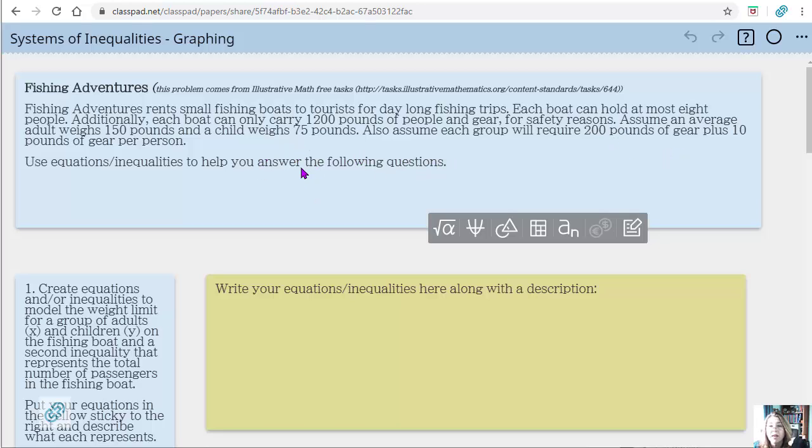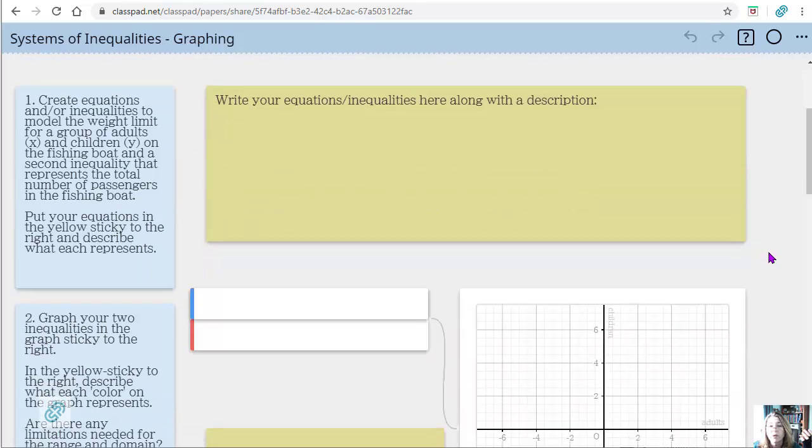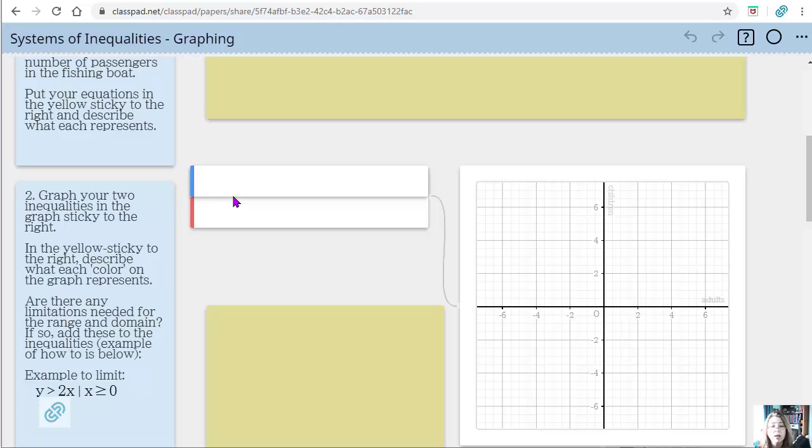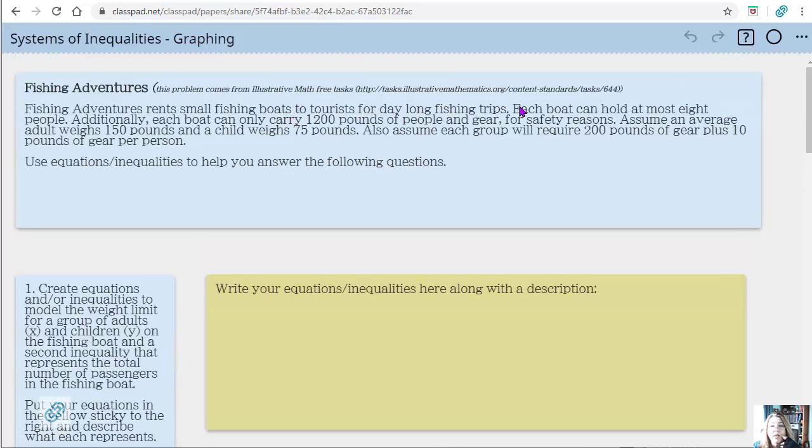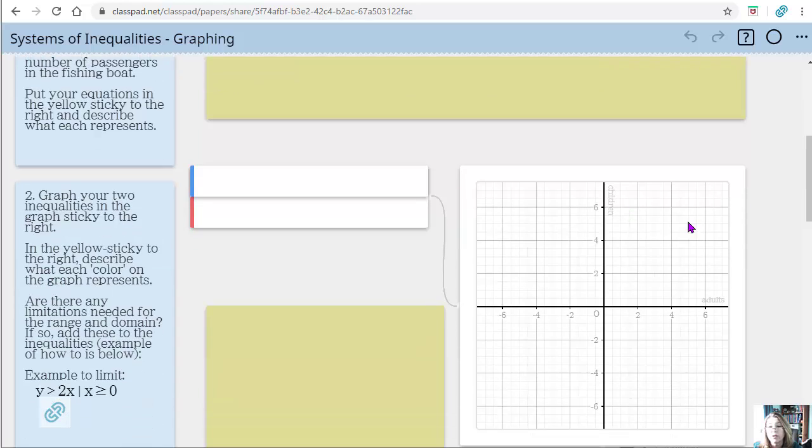So based on that, they have to come up with some inequalities and start graphing them, right? So they're going to create their inequalities that represent basically the children and the adults. So X is children, Y is adults, and they're going to graph those equations here.